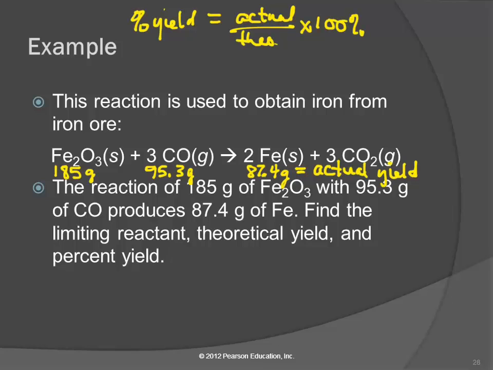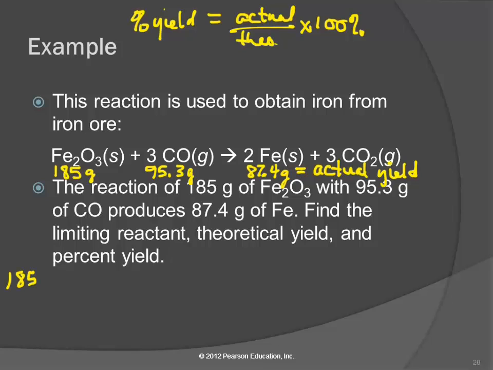So they gave us the actual yield. They're also asking us what the theoretical yield is. So we have to calculate that. So we're going to ignore that mass of product because that's how much was actually made. That's like when we made the 11 pancakes, but how much in theory could we make? So we have to do these two calculations.